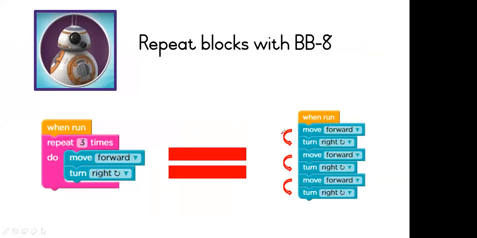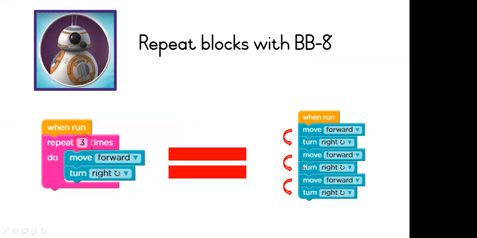Let's quickly look at repeat blocks again with BB8. Remember I told you just now that we can put more than one block inside a repeat block. So look here, we use a move forward and a turn right. And that is the same as this. We said do it 3 times. Sorry, just inside the loop is 3 times. Here's number 1, move forward and turn. That's 1 time. The next one, move forward and turn.